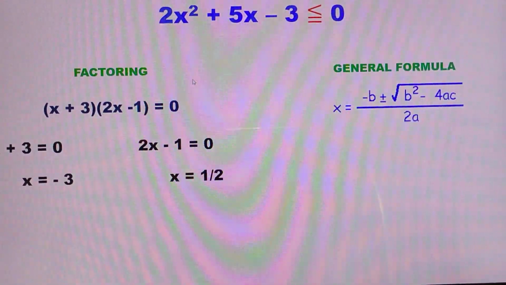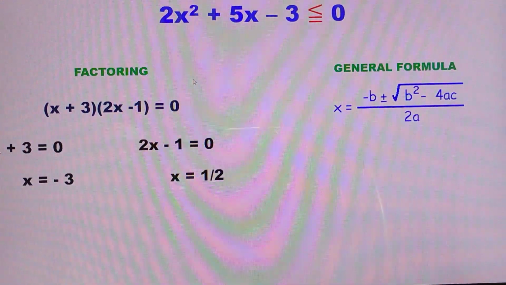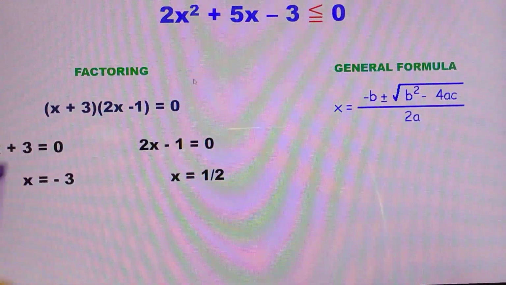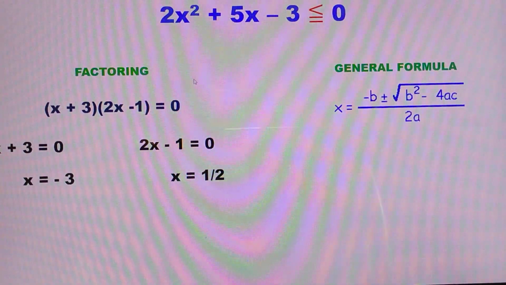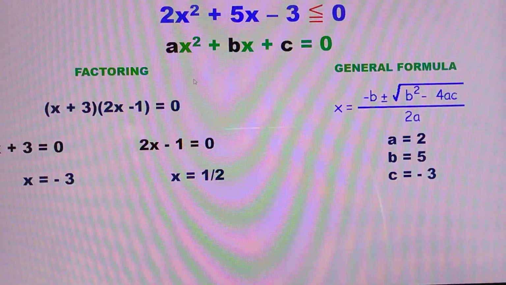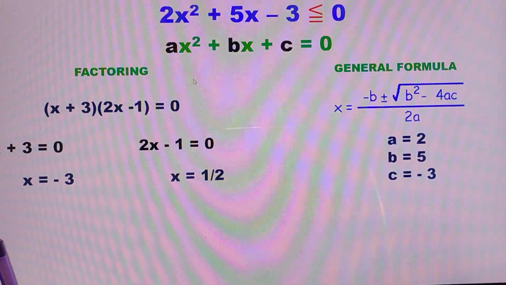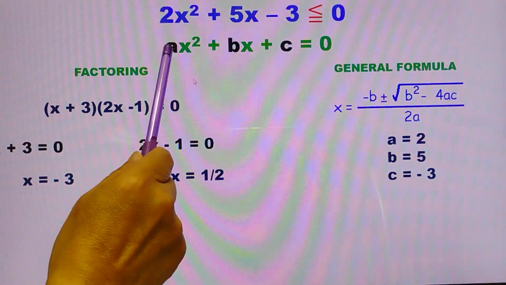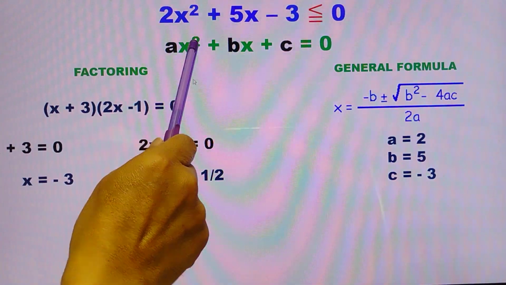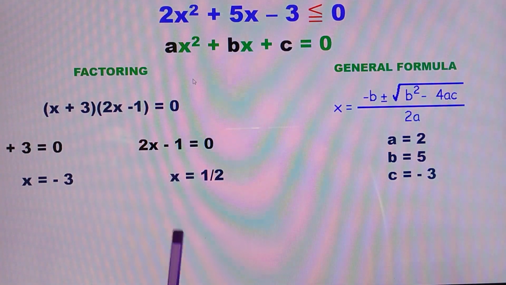Well, I said this is the method of factoring to solve this quadratic equation, but we can use the general formula. To use the general formula, we need to get the original expression in order. First, the coefficients: a, the coefficient of x squared, b, the coefficient of x, and c, the independent term.